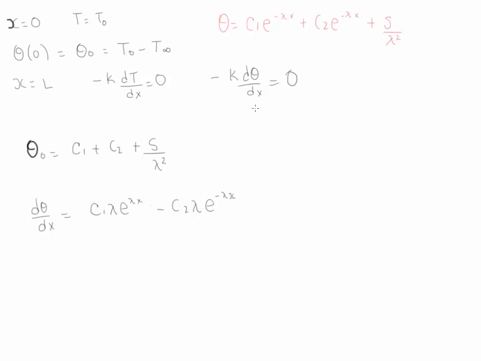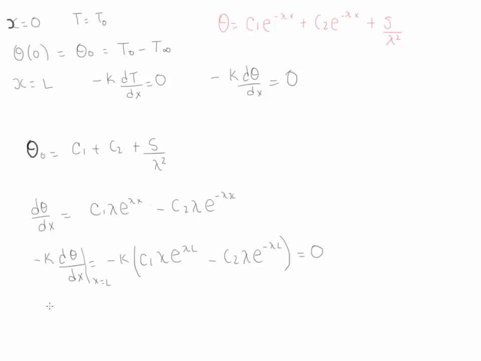Applying this into the boundary condition, we simply say that at x equal to L, minus k d theta dx, which is minus k times C1 lambda e to the lambda L minus C2 lambda e to the minus lambda L, is going to be equal to 0. Notice that this evaluation takes place at x equal to L.